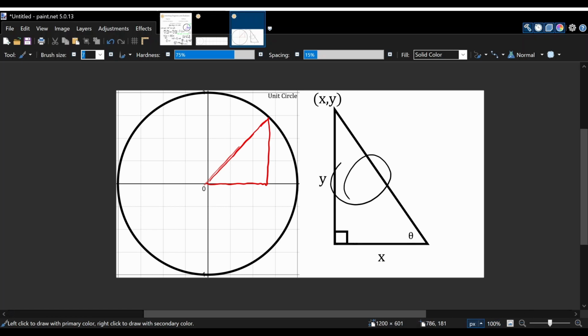and basically we're going to understand how cosine and sine are related to this triangle. So here we have the angle theta, pardon me.